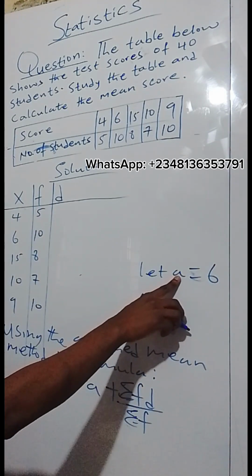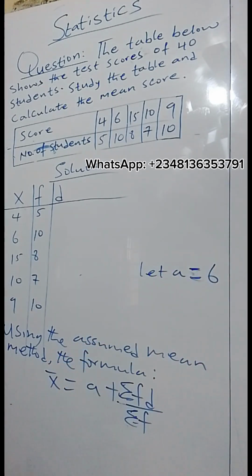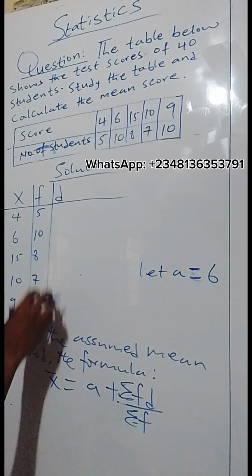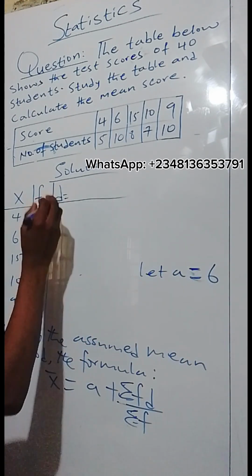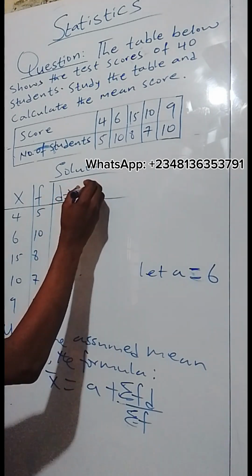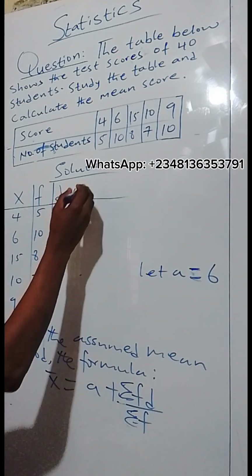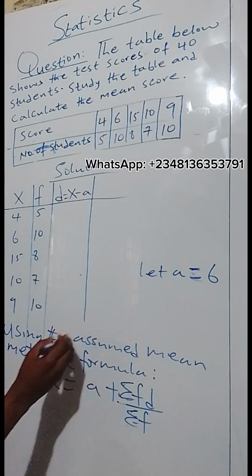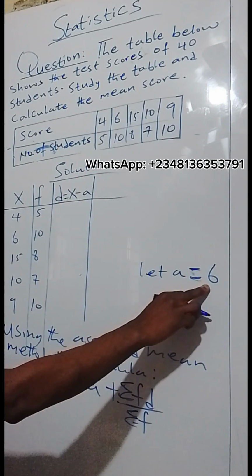That assuming is 6. So d is equivalent to x minus a. Now 6 is my a.